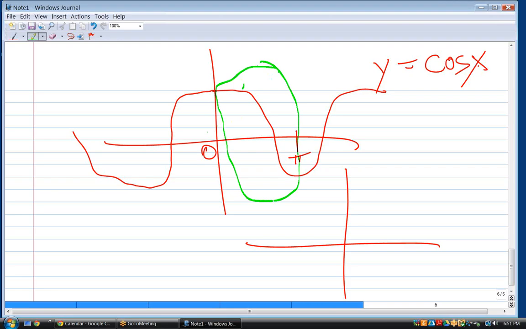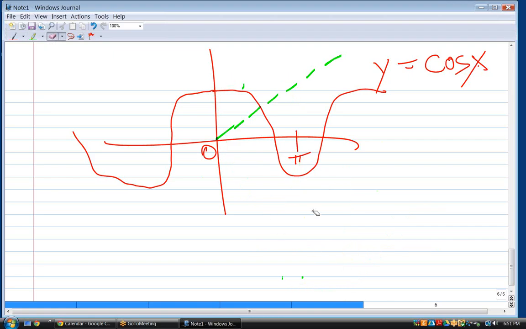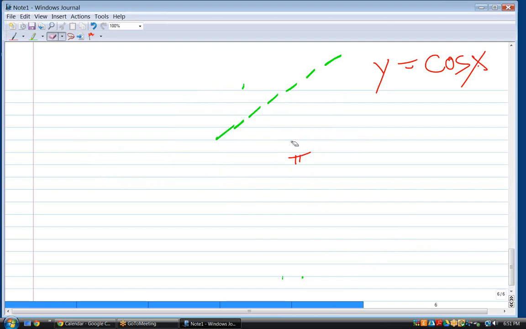Flip that over that line, and you have something that I believe looks kind of like this. We could look that up; you can find a graph of the inverse cosine curve. But that's the essence of inverse trig functions.